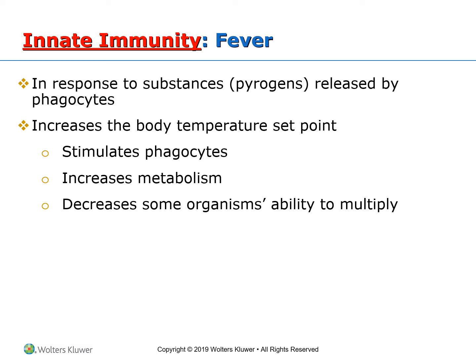The main reason for having the fever is that the fever is boosting the immune system. Under an increased temperature, the phagocytes will have an increased activity, will be stimulated. The metabolism will be increased for the whole body, and the multiplication of the pathogen will be decreased because their metabolism will be impaired.